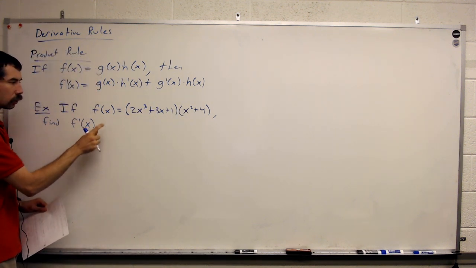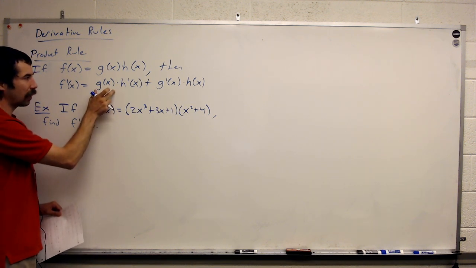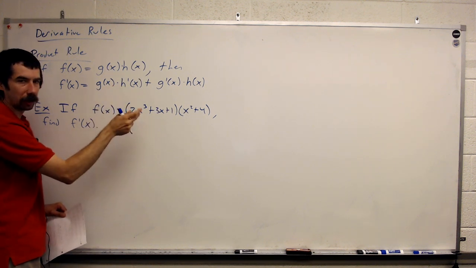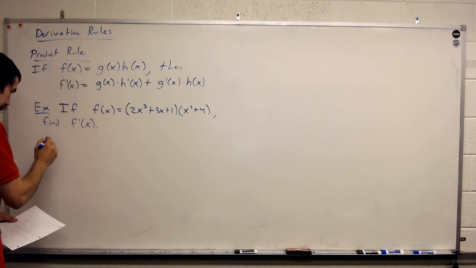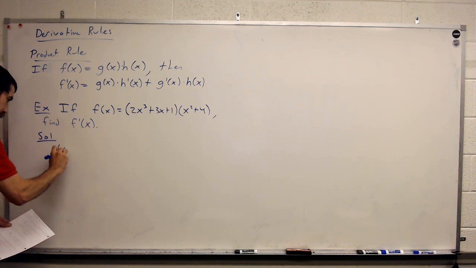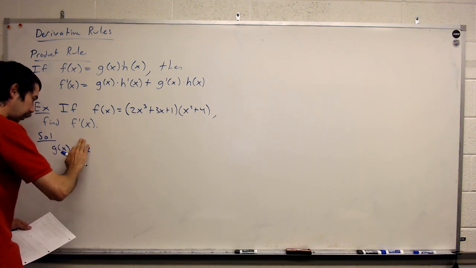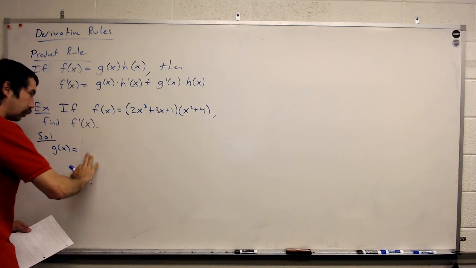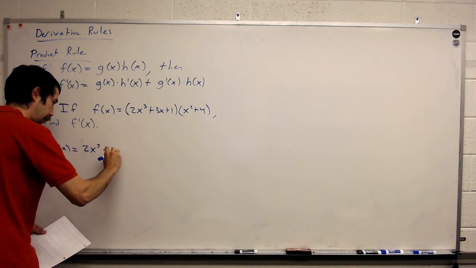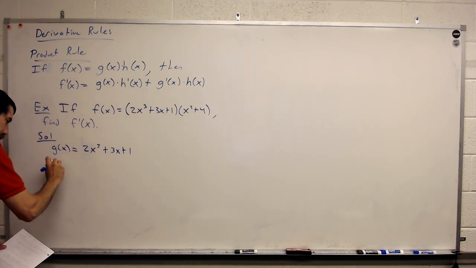And so to take the derivative of a product, we're going to use the product rule. So we have to identify what's g, what's h, what's g prime, what's h prime. G is the first term. So we don't really need parentheses here. And h is the second term.